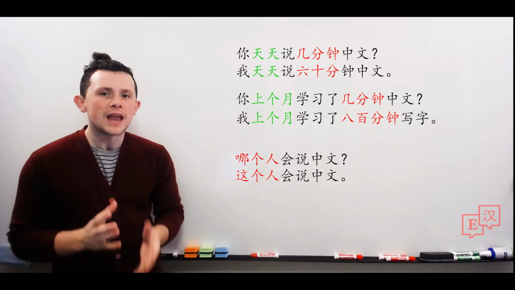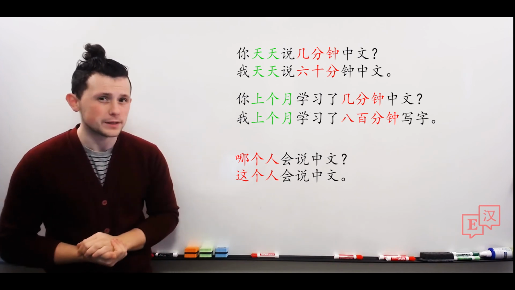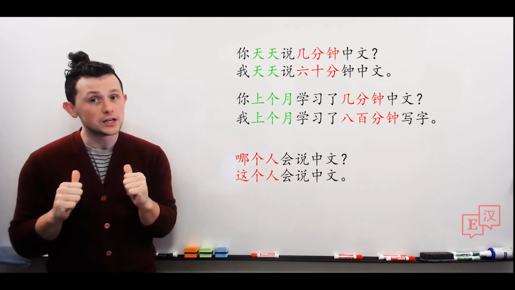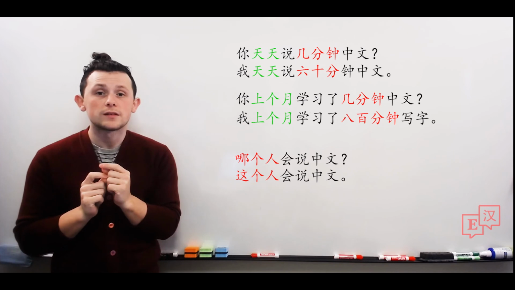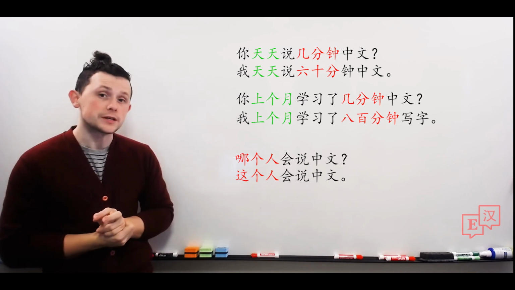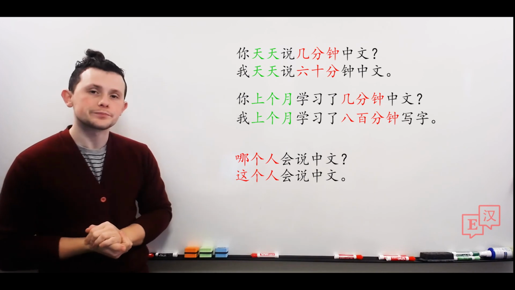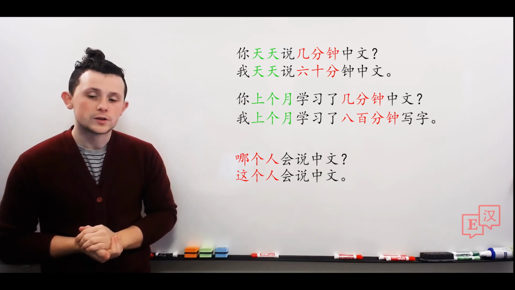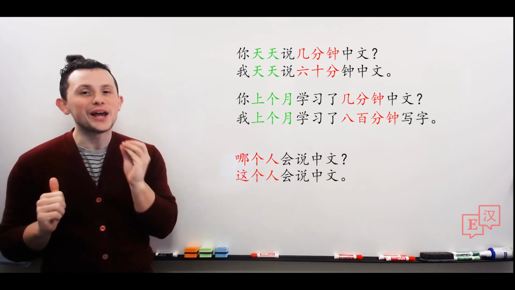And 这, 那, and 哪 all follow that same rule. They point at something. So I say 这个人, 那个人, this person or that person. 哪个人, which person. So one more time. 这个人会说中文.